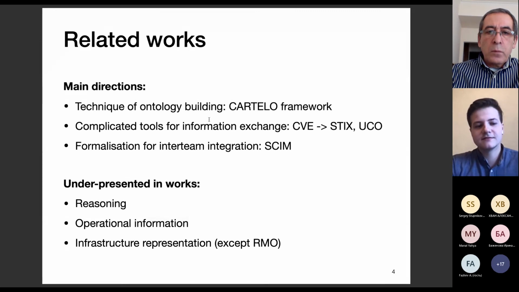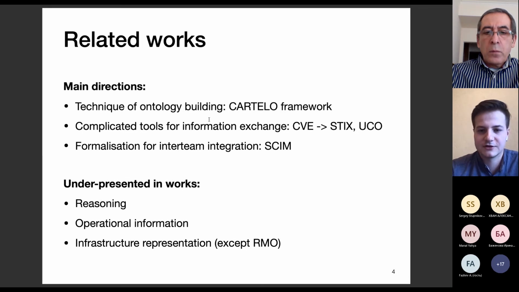Since the last decade, a lot of related papers were issued, but most of them focus on a little bit different questions. The main directions are methodologies of ontology building, for example, the Grüninger and Fox framework, and different ontologies and models for information exchange between teams or inside one team. But very interesting abilities are underrepresented, I suppose.